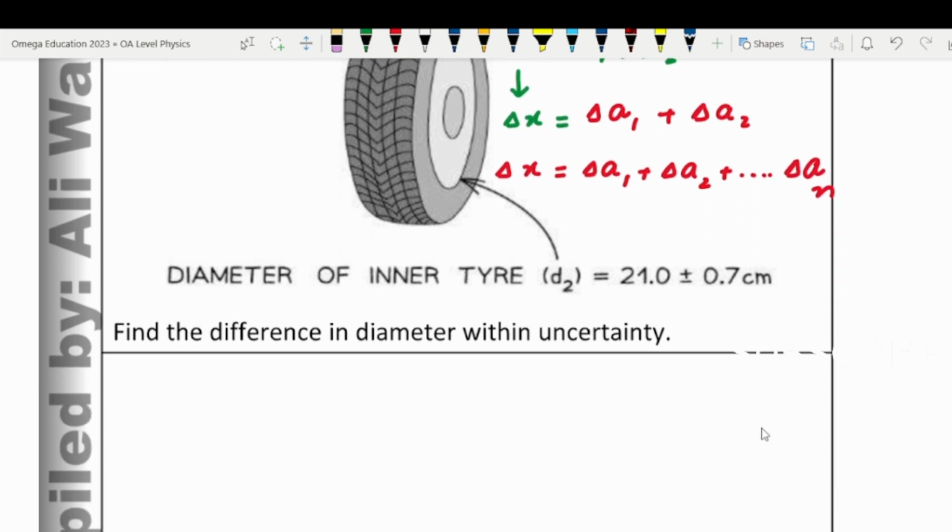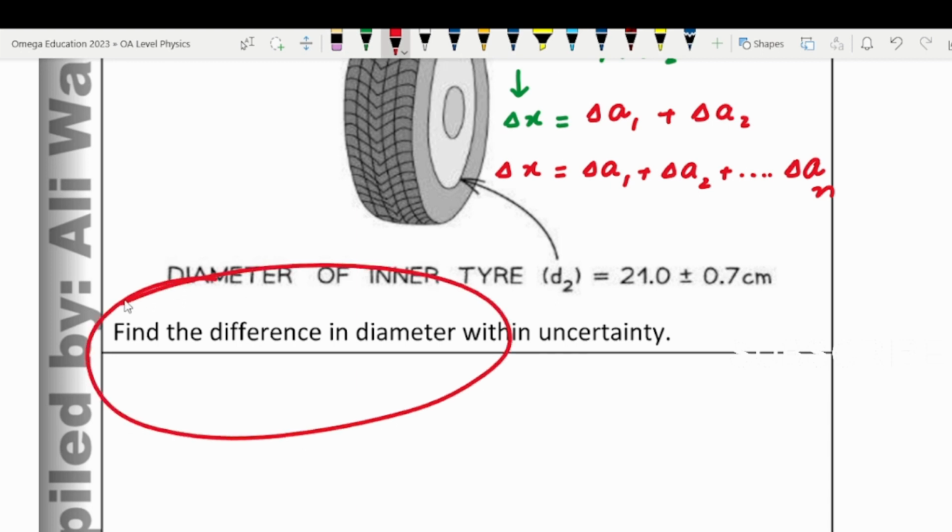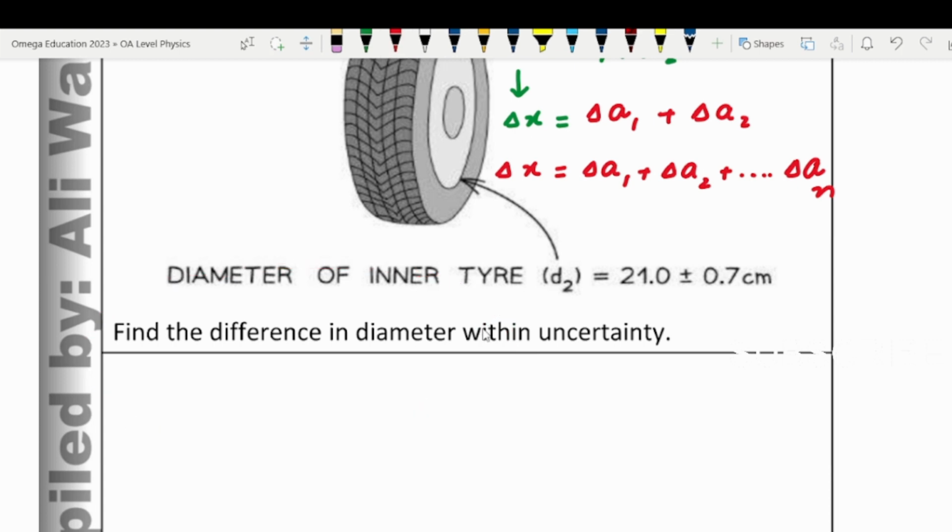The question says find the difference in the diameter. That demands you to only subtract the diameters, but you have to find the difference in diameter within the uncertainty. So you need to consider the uncertainty of the inner tire and of the outer tire as well. But first of all, let us find the difference in the diameter.